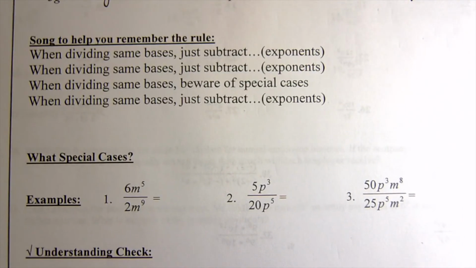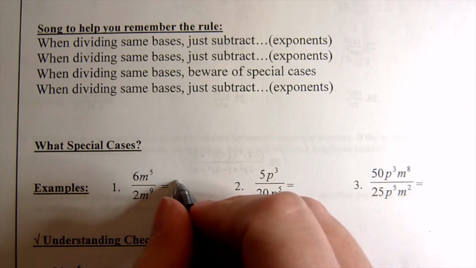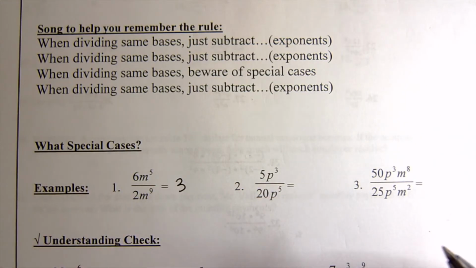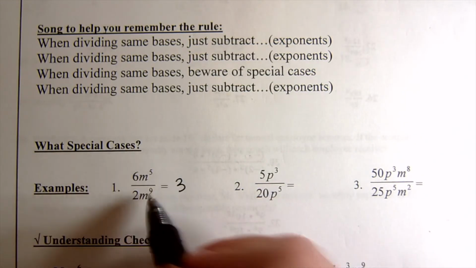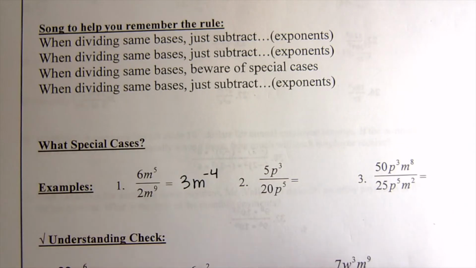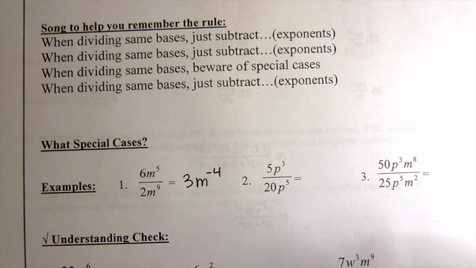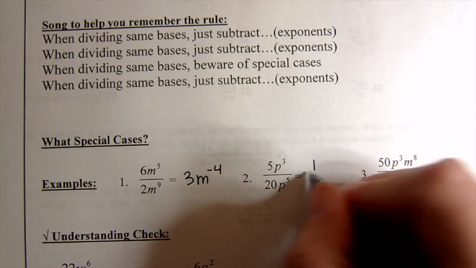All right, and then down at the bottom it says special cases. So we're still doing the coefficients like normal, so 6 over 2 reduces to 3. What about this M? So when we do 5 minus 9, what do we get? Negative 4. So we write 3 times M to the negative 4th power. What about number 2? 1/4.